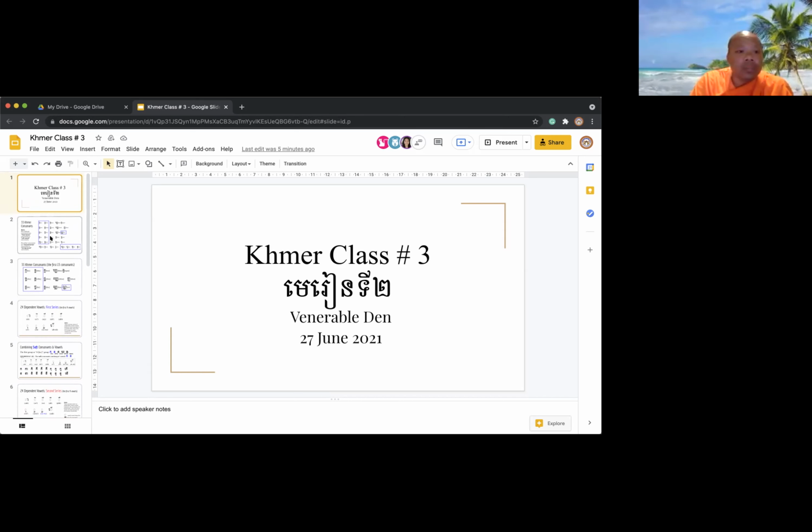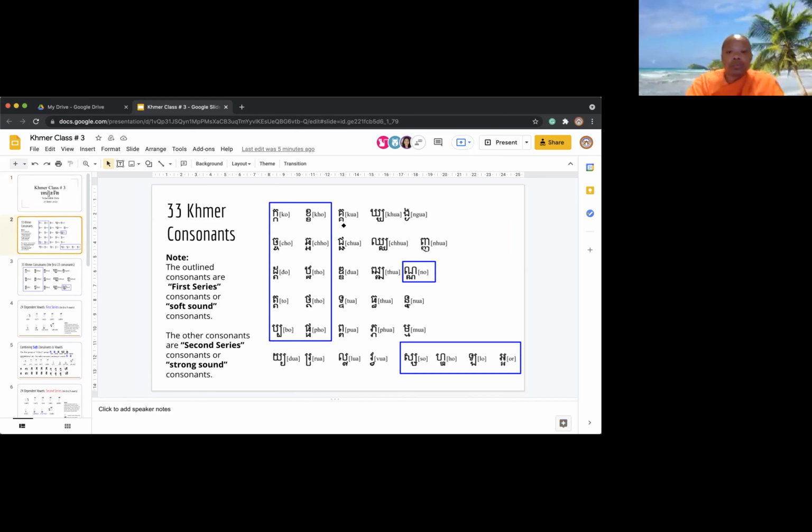Here is lesson number 3. We have already learned the 3 groups of consonants. The first group of the consonants is known as the core group, or the first group. Try to remember, because next time we have grammar that is concerned with the groups.